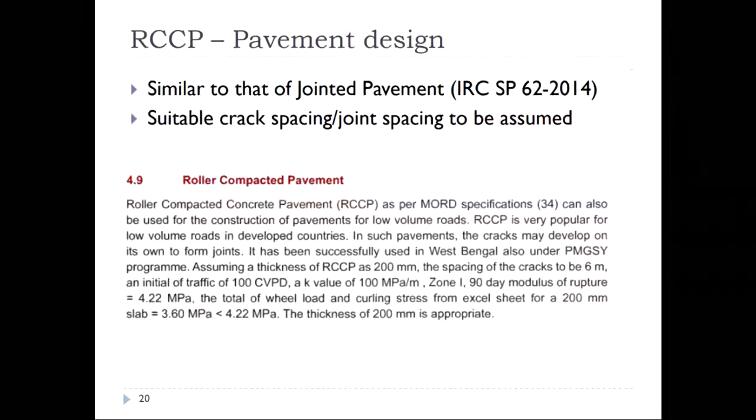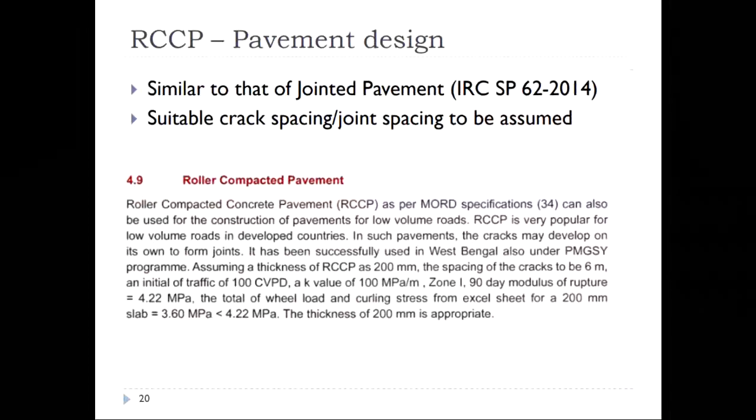Now, a thickness of 200 mm will not sound a very good value in the case of low volume roads. You arrive at this high thickness because of one main reason.